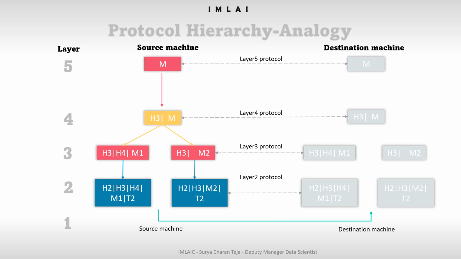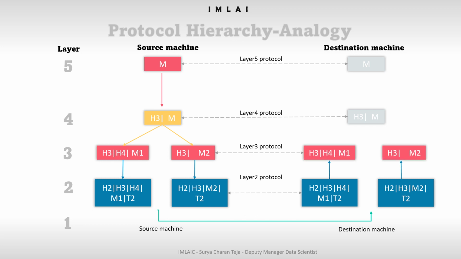Now at the receiving machine, the message moves upward from layer to layer with the headers being stripped off as it progresses. None of the headers for layers below n are passed up to layer n. The same thing repeats here: the header and trailer are stripped off, and only the message goes up.